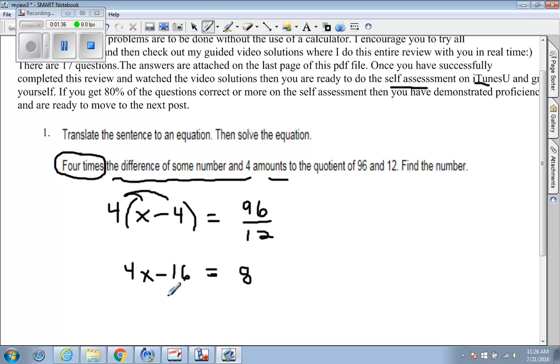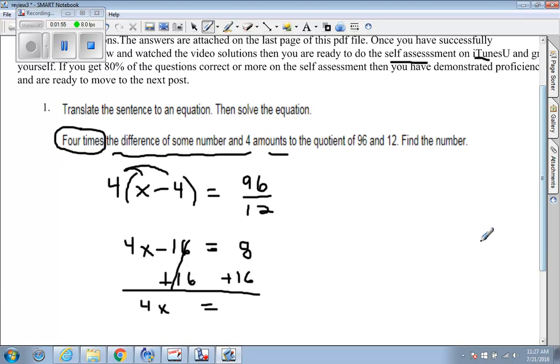Keep solving. So by now you know you're trying to isolate the variable x, so we're going to add 16. So I'm going to go through this review as if you're fairly comfortable. Not going to add a lot of commentary the way I did in the guided notes that are on iTunes. So 8 plus 16, 24.